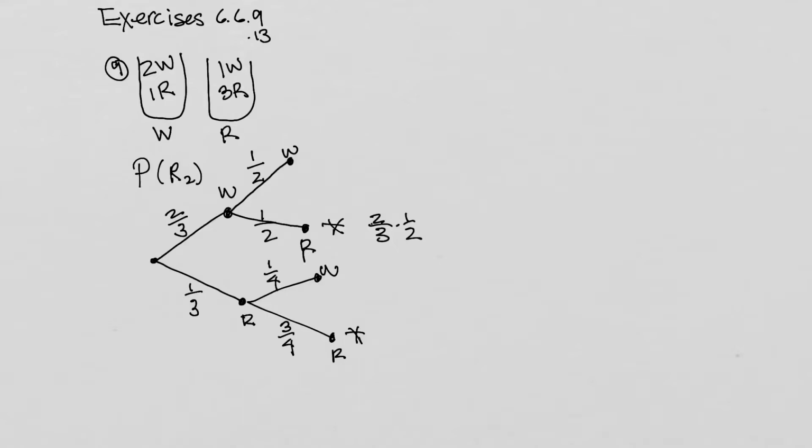Because it's here and here, it's a multiplication. Or we could go this way, here and here. So that probability is going to be 1/3 times 3/4. Now, when I add these two products together, I got 7/12.